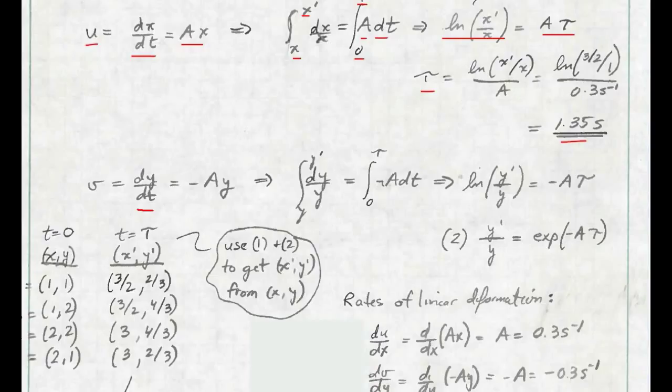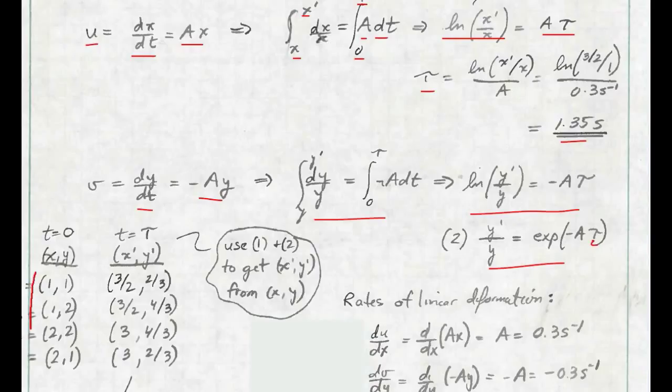Similarly, we can find from v equals dy/dt, and that's given as negative a times y. We can go through the same exact calculations of integration, and we'll find that y prime over y is equal to the exponential of negative a times tau, but we know tau because it's the same tau as before.